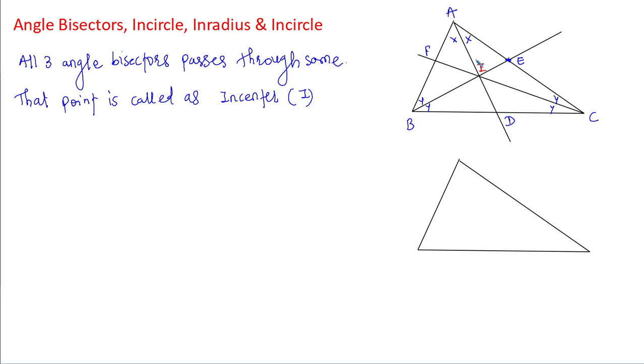So after that, what is the incenter? Incenter is nothing but the center of the incircle. Now what is an incircle? An incircle is a circle which touches all 3 sides of a triangle.